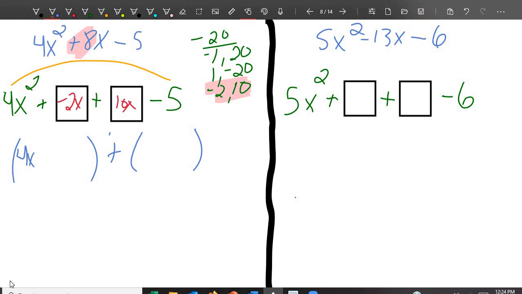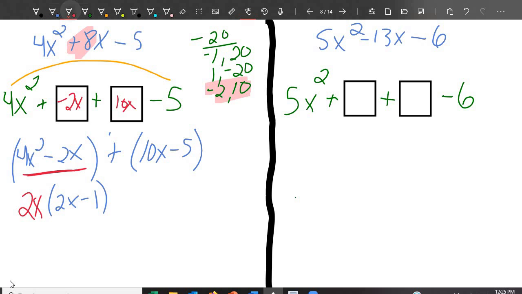Now comes the grouping method. First two terms, second two terms. Now, the first one, notice the 2 and the 4 are both divisible by 2, and we can take out an x. So we're going to be left with 2x minus 1.